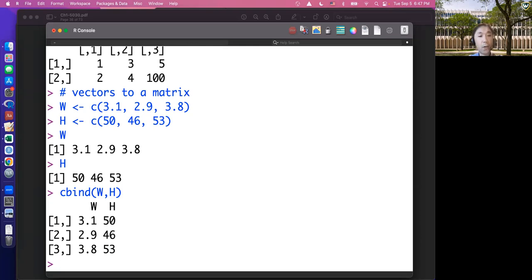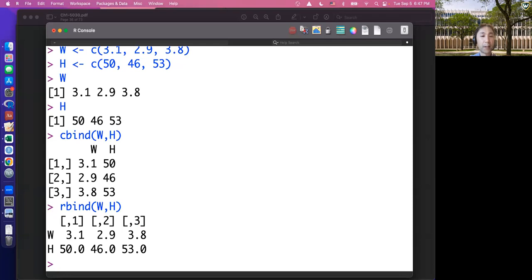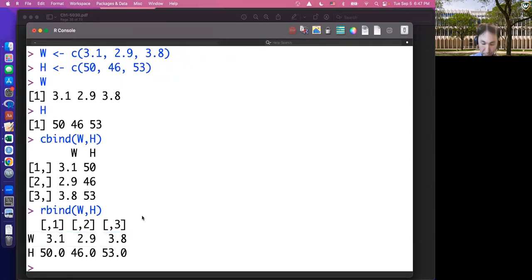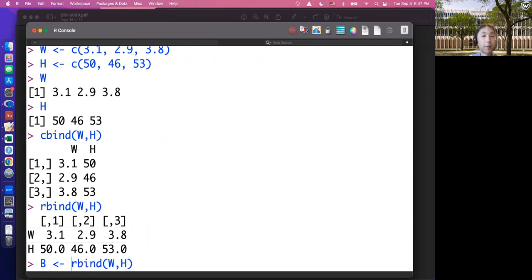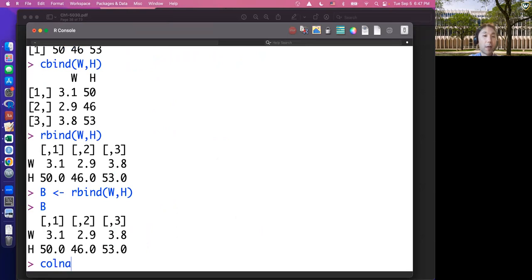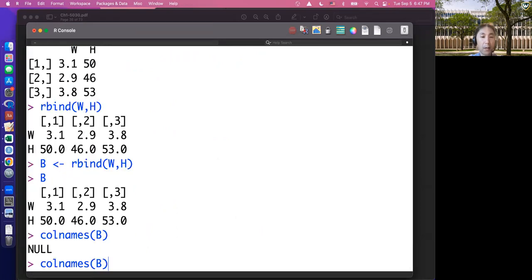And if we want to combine W and H as row vectors, then we can use the rbind function, the row bind function. Then we can see the first row becomes W and the second row becomes H. You can also name these. For example, suppose this is a matrix B, and you can name the columns of B. I think this is the colnames function.